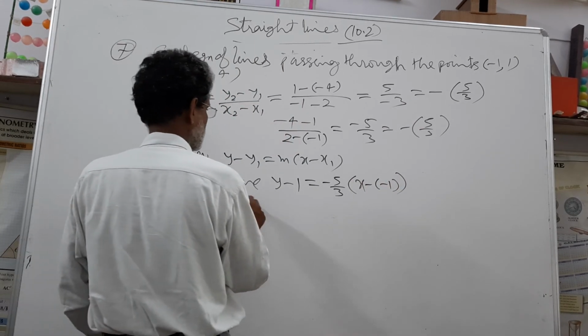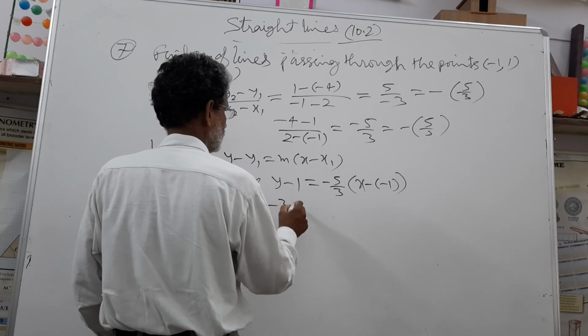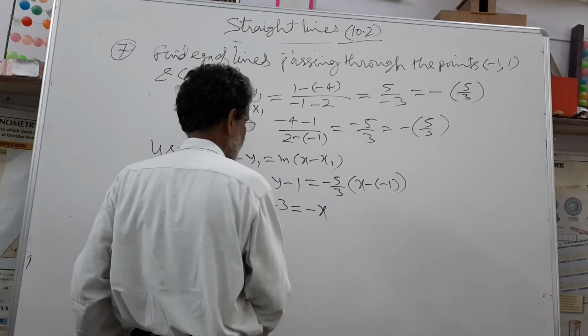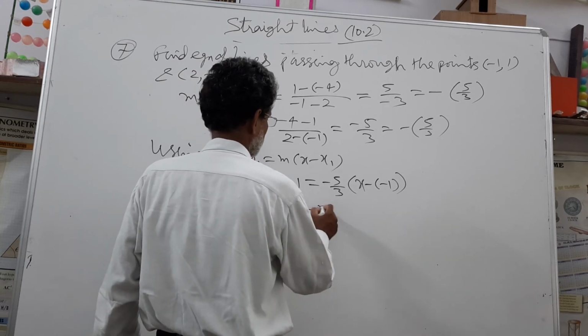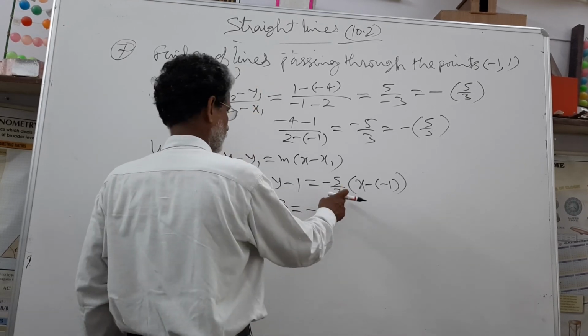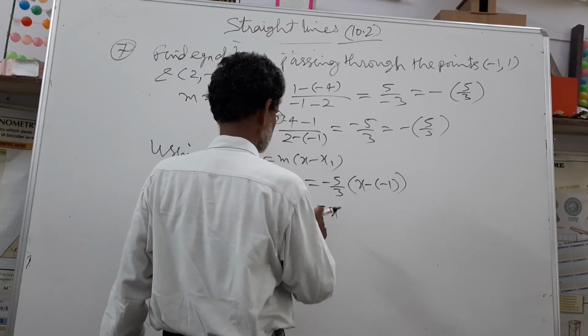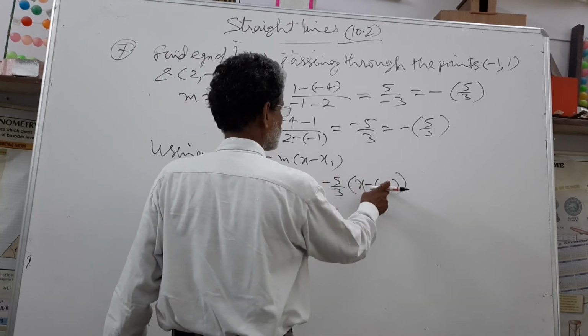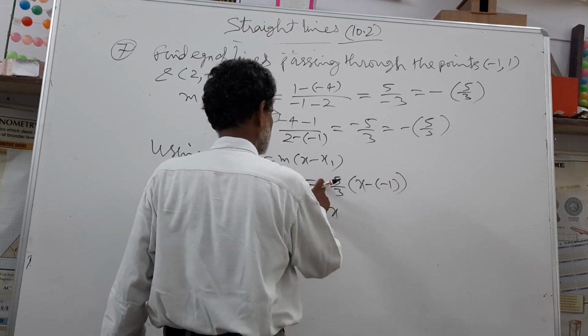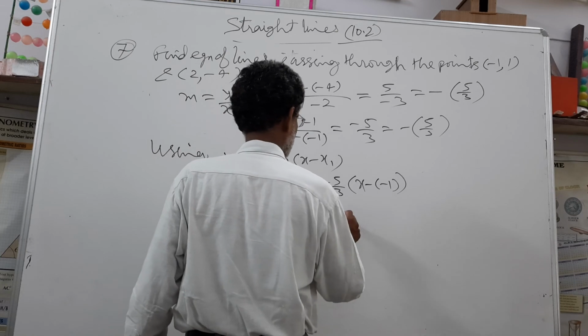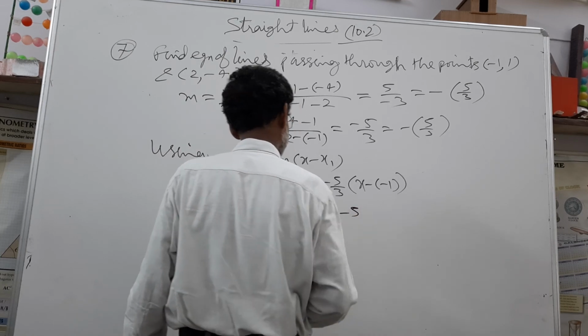This implies 3y minus 3 is equal to minus 5(x plus 1). Take this 3 to the left side, multiply minus 5: minus 5x minus minus becomes plus, and this minus again makes minus: minus 5x minus 5.